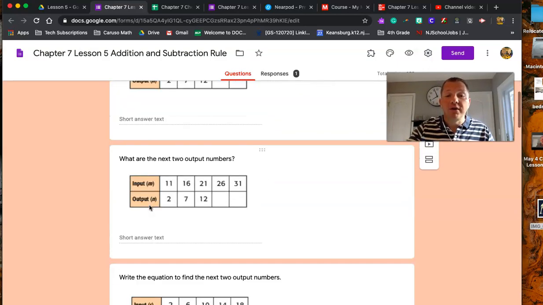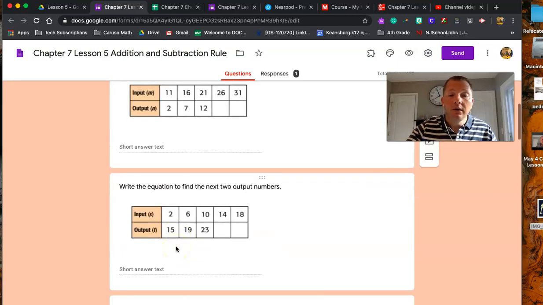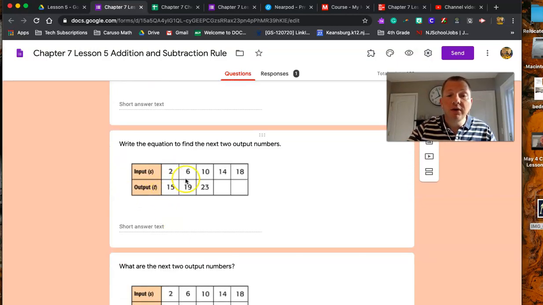All right. The next one is the same chart, but now you have to answer what the missing terms are. So this term, and then what is this term right here. So it's going to be a number, comma, space, another term. For over here, you're doing the same thing. You're going to write what the equation is.